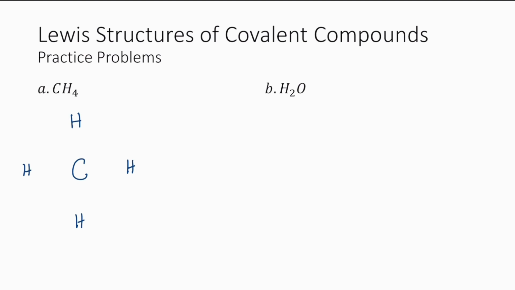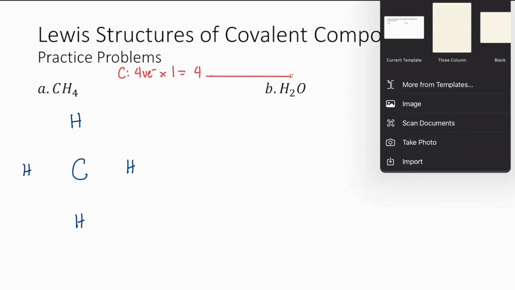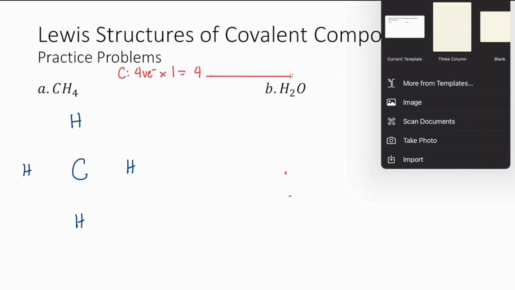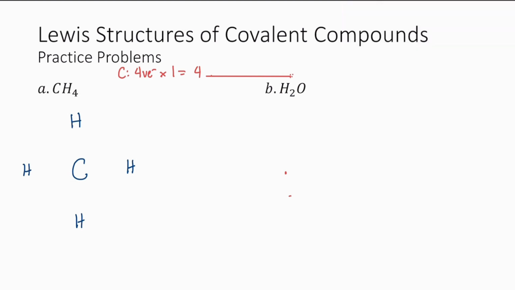So now I am going to count the number of valence electrons I have. Carbon has 4 valence electrons, and I only have 1 carbon atom, so that's going to be a total of 4 valence electrons for carbon.